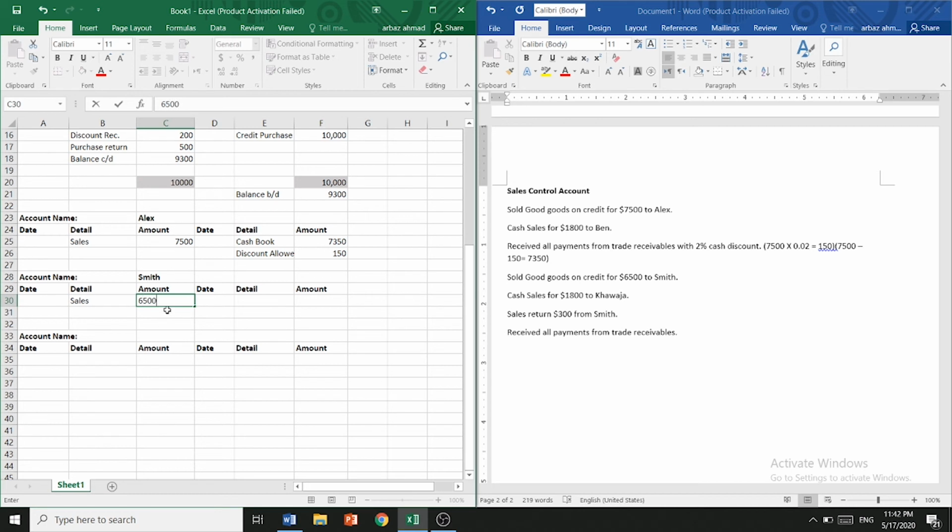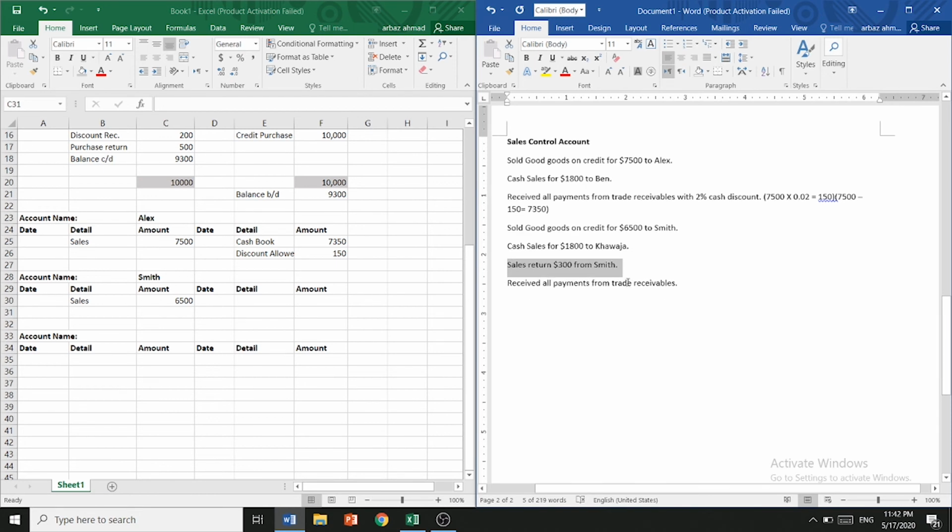So we have a couple of different examples. So cash sales, we have again cash sales. We will not be posting it. I hope I don't have to explain it again. Sales return for Smith.